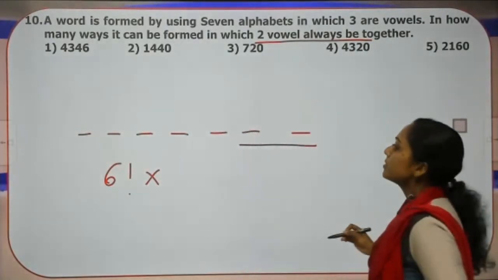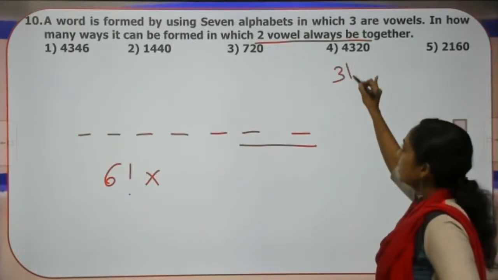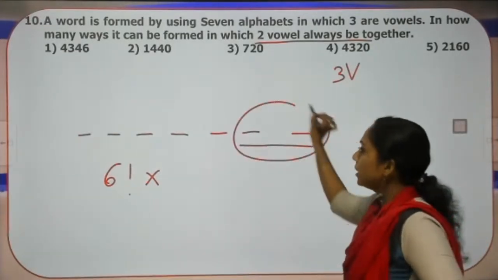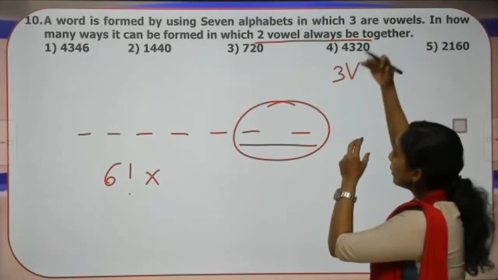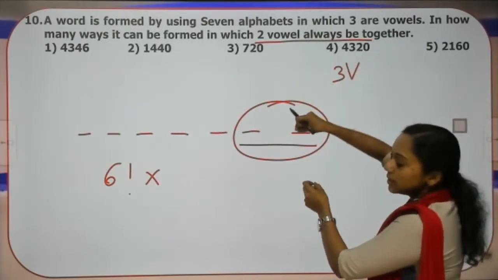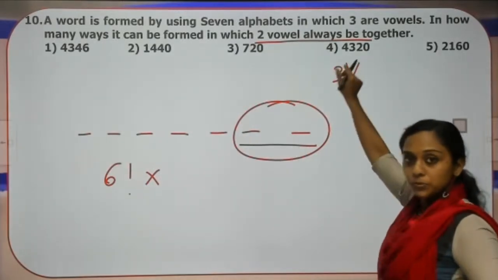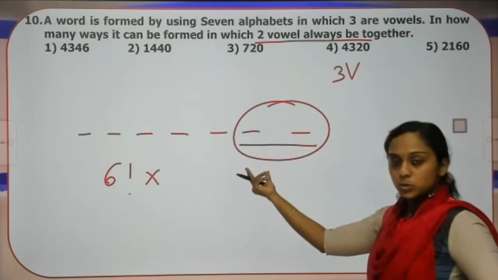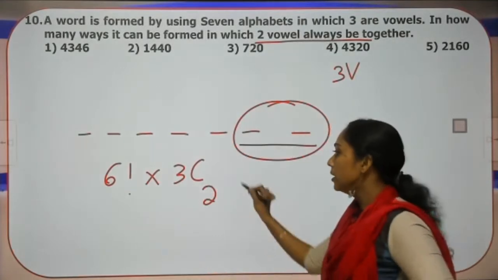So this can be arranged in 6 factorial ways, into. Now when you are coming inside, you see how many vowels are there? 3 vowels are there. From these 3 vowels you have to choose 2 vowels so that they are always together. So that selection is 3C2, into.